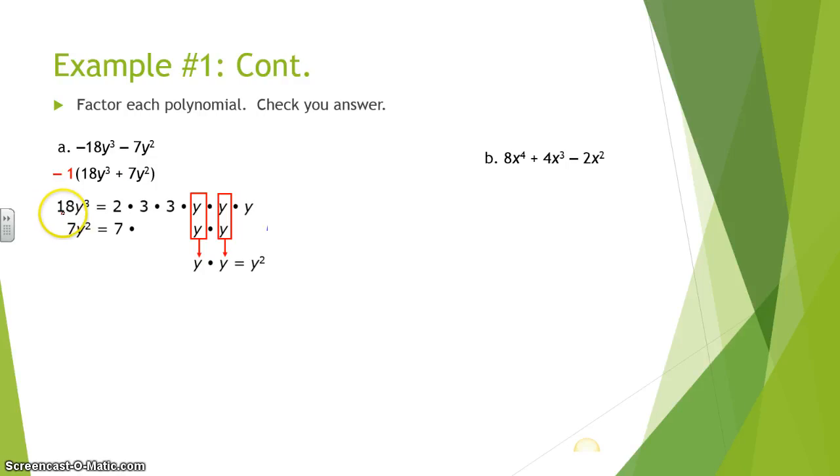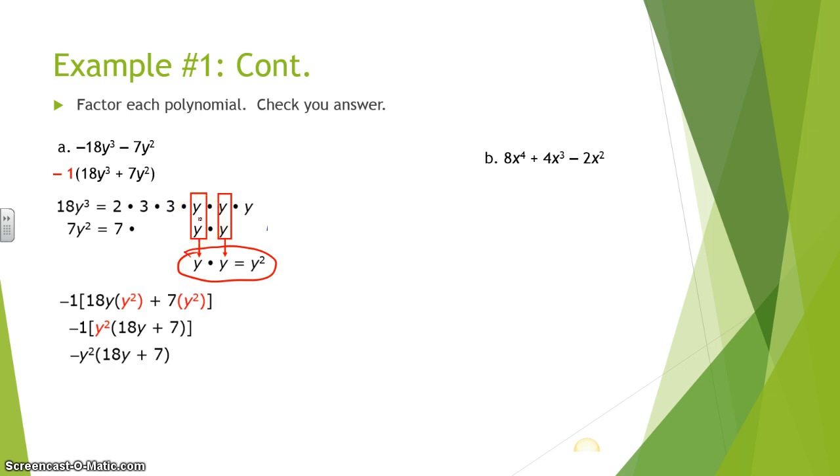So when we factor out 18y to the third, that's 2 times 3 times 3 times y times y times y. 7y squared is 7 times y times y. So what is the greatest common factor between each of these? Well, it's going to be y times y, which is y squared. So since we found y squared as my greatest common factor, I'm going to pull that out and distribute it in front of my original here.